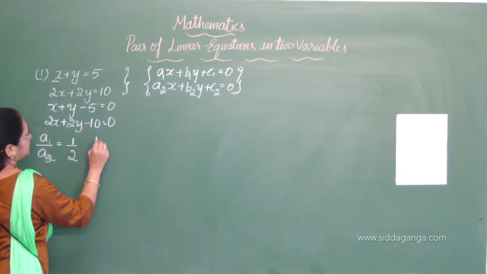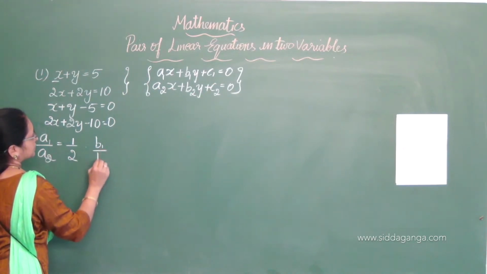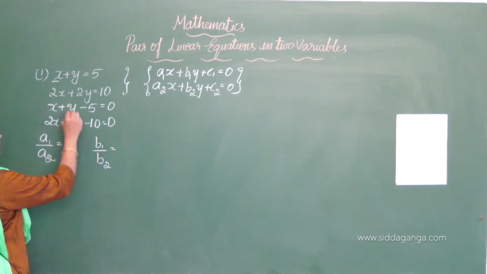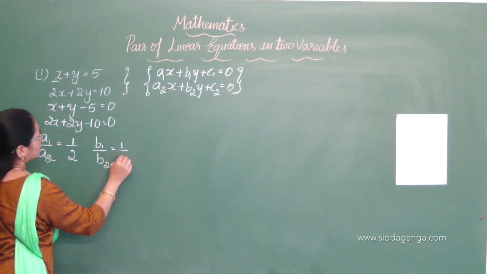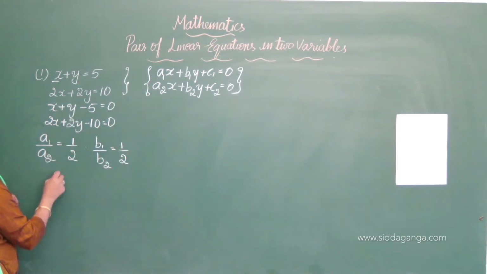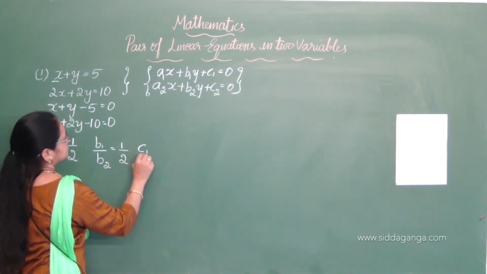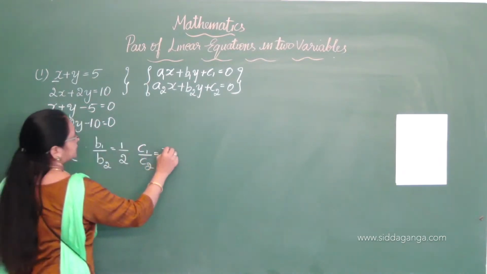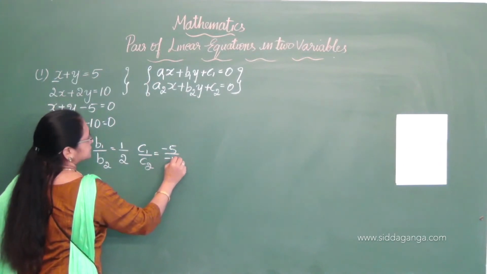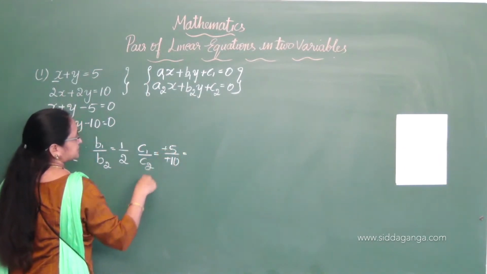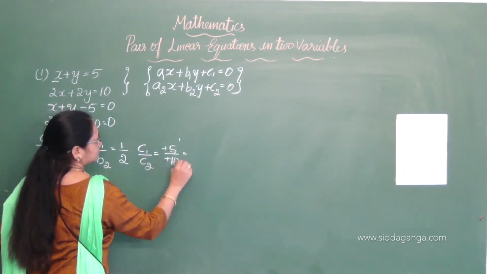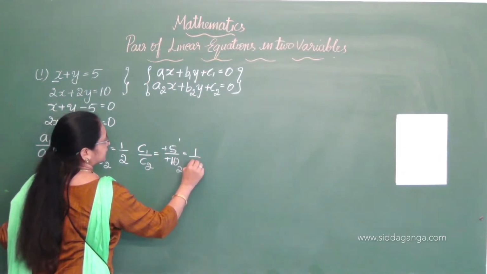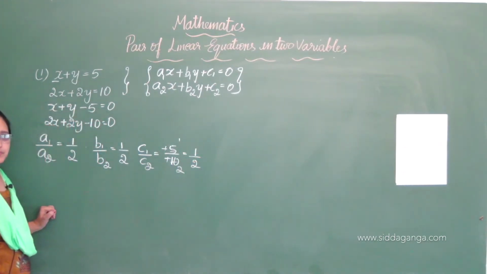Next B1 by B2 is 1 by 2. Next C1 by C2 is minus 5 by minus 10. The minus signs cancel, 5 ones are 5, 5 twos are 10. So this is again 1 by 2.